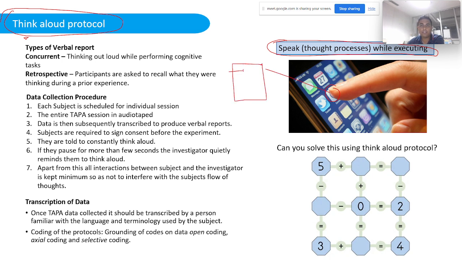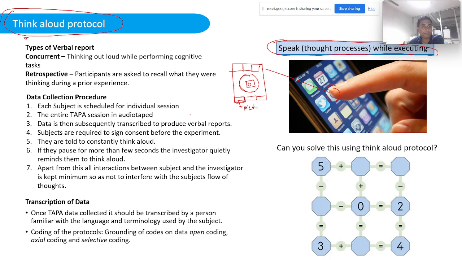I can see three buttons on the top, and then there is a small icon having a camera in the middle, and then we have three buttons below. Now this button on the left side is a picture button, so I think I need to press there. So this is how you talk while you use a particular application or perform a particular activity.